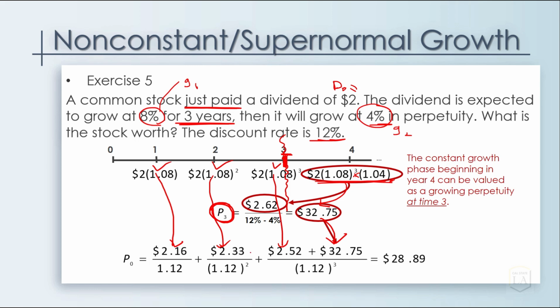We'll have to get the present values first and add them all together. Note that this 32.75, because it is measured in year 3, is located at the same time on the timeline as this 2.52, so they can be put together. If you solve this equation, you will have 28.89. So 28.89 is how much the stock is worth in year 0.